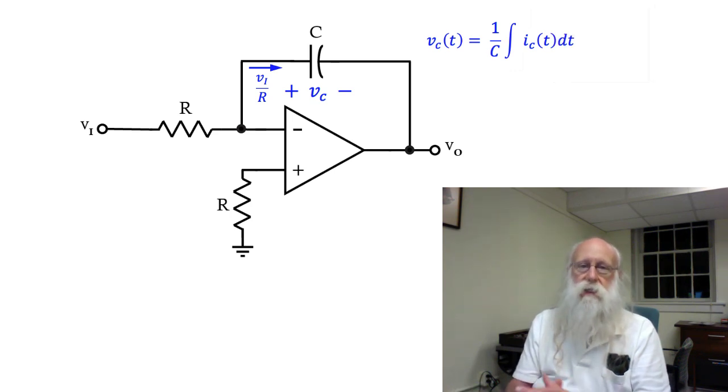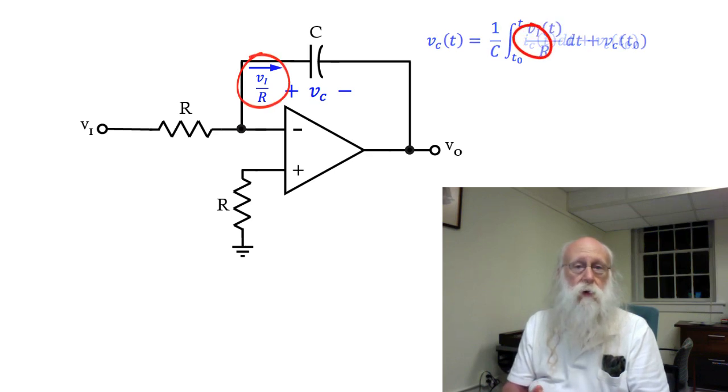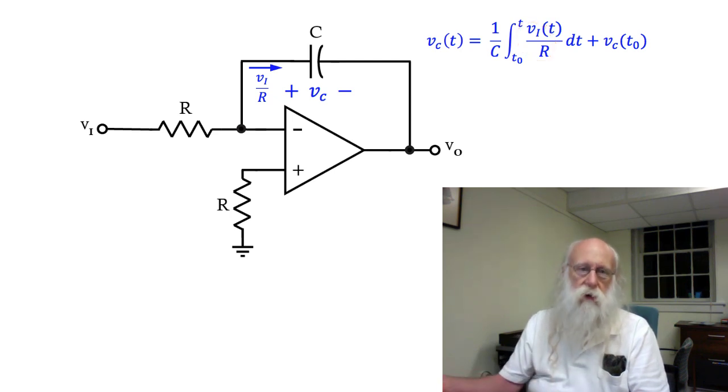And if we cast this as a definite integral, let's say from 0 to some time t, then you've got to have the constant of integration, which is essentially the voltage across the capacitor at time 0, or whatever you specify as the lower limit on that definite integral. But now, remember, the current into the capacitor is V sub I over R. So you get 1 over C times the integral of VI over R dt plus your constant.